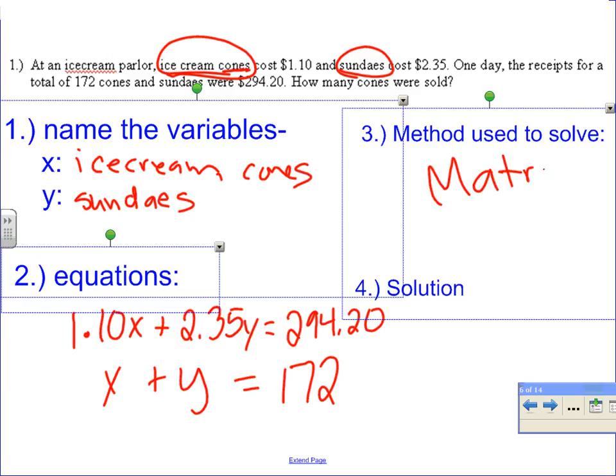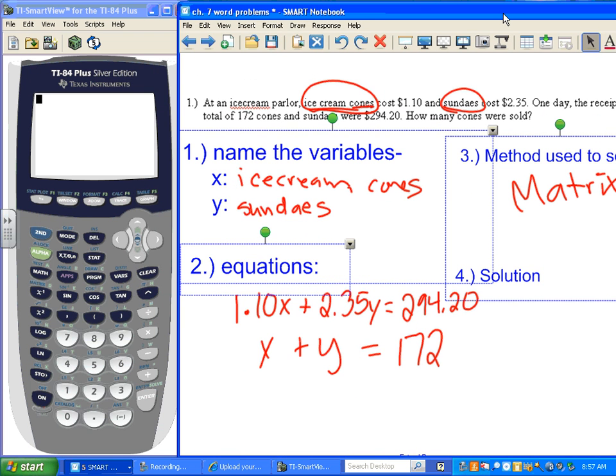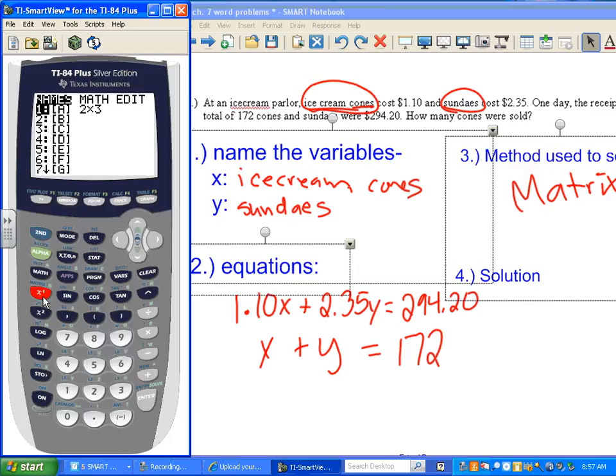So I'm going to do this one with you. Let's go to our calculator, in case you forgot some of the steps. If you need to clear the memory, go ahead. If not, go to second matrix, edit, hit enter, make sure it's a 2 by 3. And let's type in the numbers in standard form. So X plus Y equals a number.